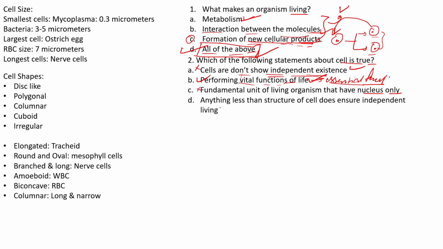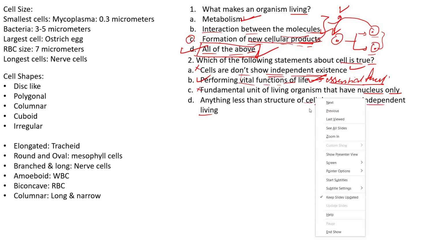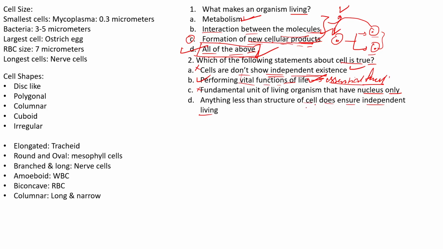The next is, anything less than the structure of a cell does ensure independent living. According to this statement, anything less than the structure of a cell, right? We have discussed mainly the cell structure, the overview of the cell. If there is something less than that, a part of a cell, it would mean that it can still live as an independent organism.